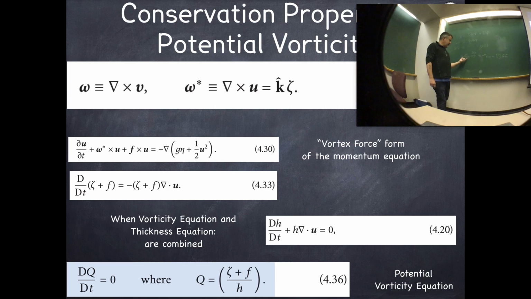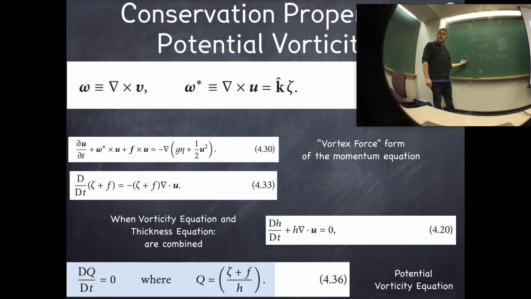So this part has one part that can't be represented by a gradient, and one part that can be represented by a gradient. When I take the curl of this part, it vanishes. When I take the curl of this, it doesn't vanish. So essentially I'm playing this same game on this term and separating it into a part that will survive the curl and a part that gets squashed by the curl. So here's the part that's going to survive the curl. Here's the part that's going to get squashed by the curl.